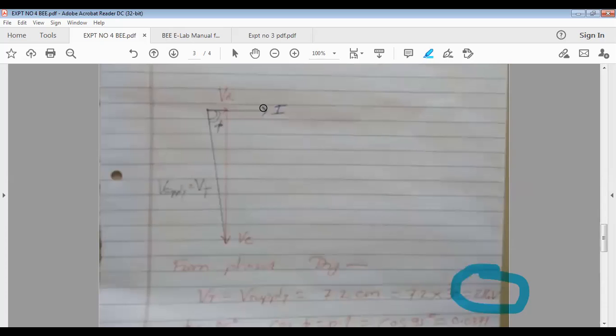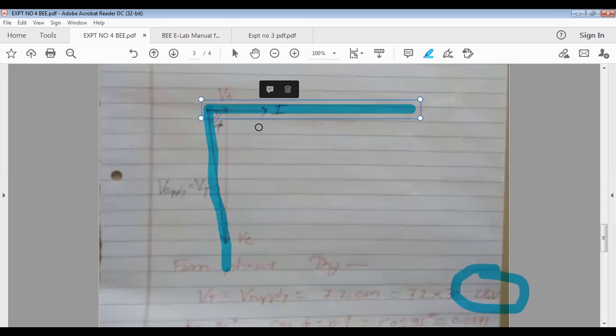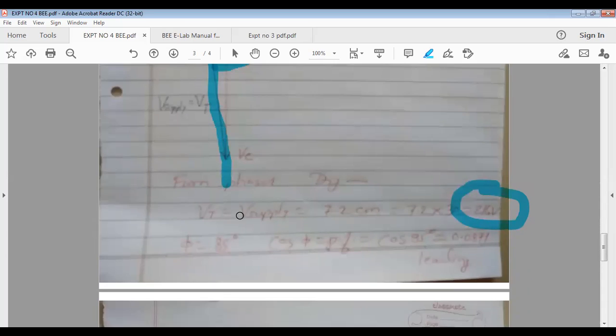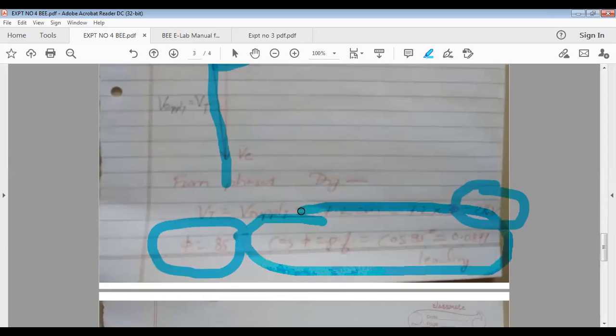Similarly, I told you cos phi is the power factor, phi is the phase difference between total voltage and total current. Here total current is along this axis, total voltage is along this, isn't it? Can you take a protractor and measure the phase difference between total voltage and total current here? Suppose you got 85 degrees. Take the cosine of it; that will be the power factor.